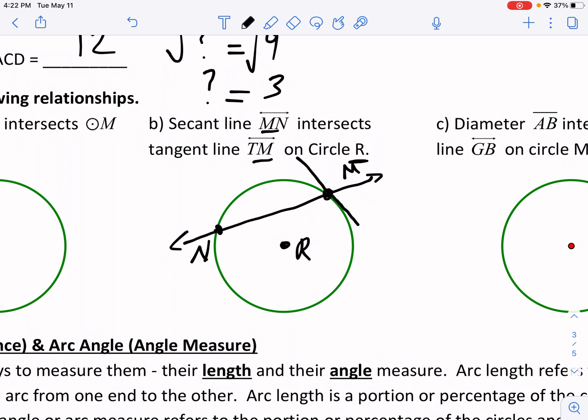Intersecting once just at that one point of the circle, at point M here, okay? So TM is our tangent line, which at the point of tangency happens to be M, and then MN is our secant line, which contains the chord MN. So this would be an example of our secant line MN intersecting the tangent line TM on circle R.